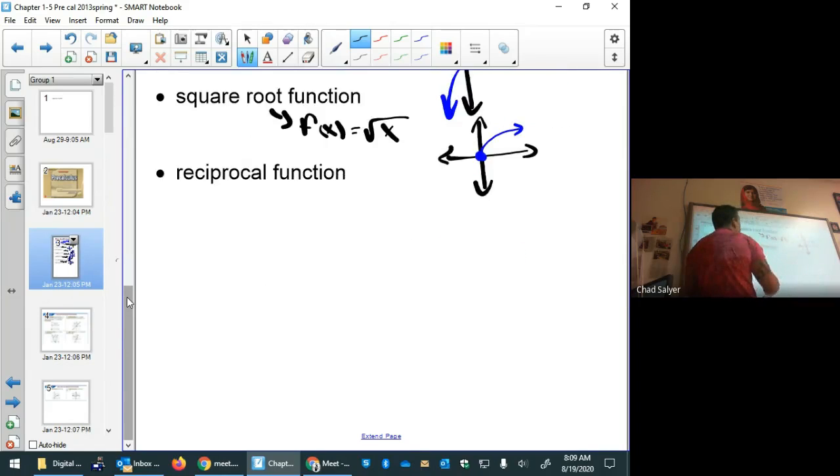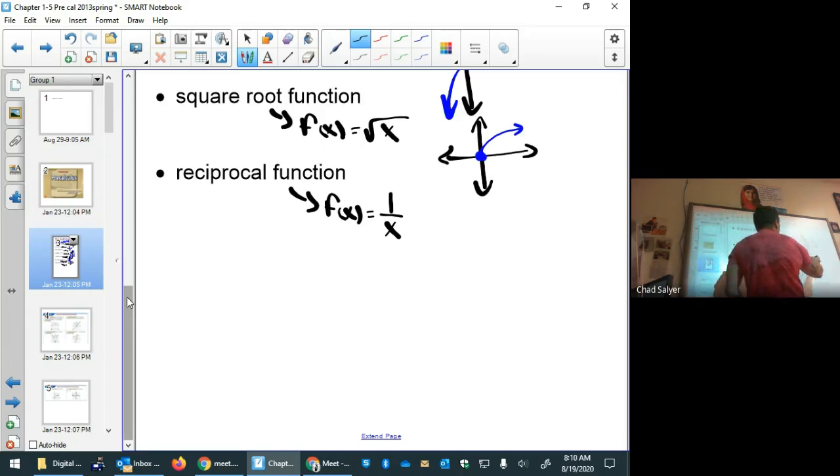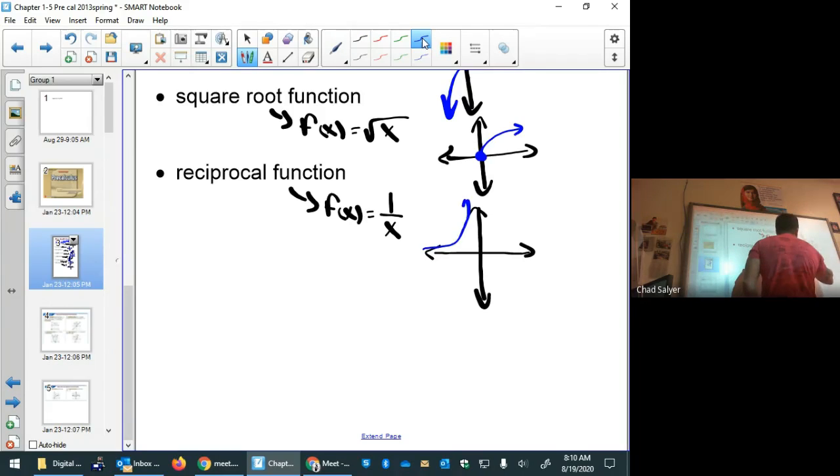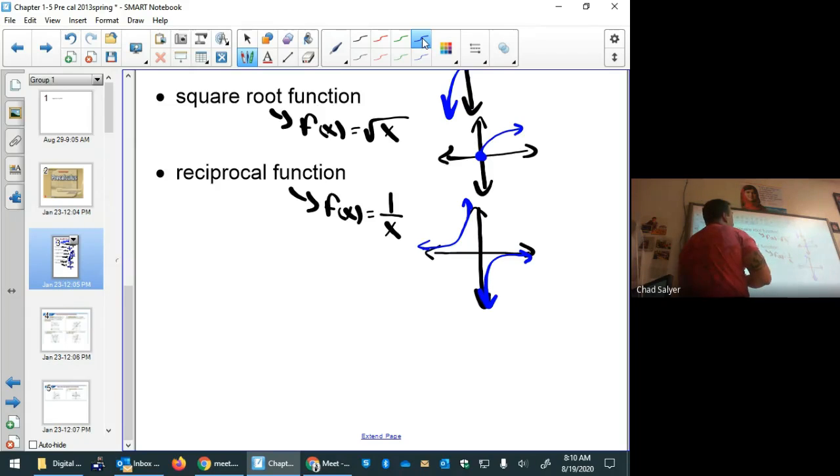Finally, the reciprocal function, which is f of x equals 1 over x. This is the most complicated graph on this list. But it looks something like this. And that's the reciprocal function.